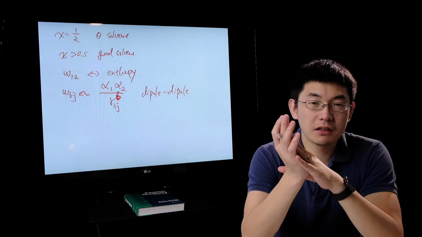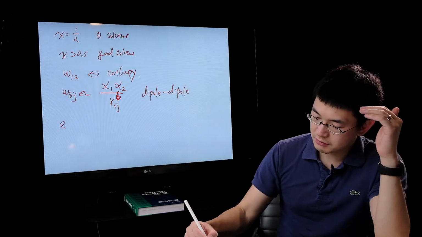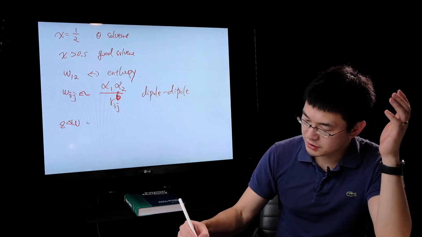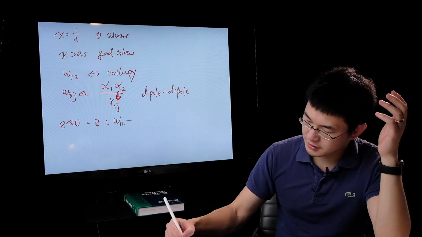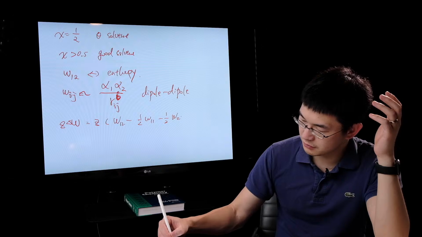Generally speaking, when we talk about the enthalpy of our material, we have the Z parameter, we have delta W. These two are generally defined as W12 minus half of W11, half of W22.